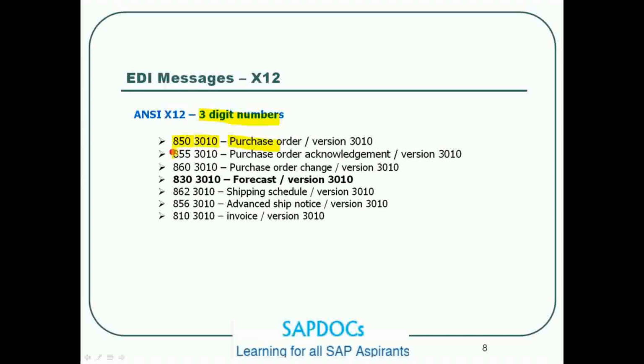Similarly, there are 855 and 860. 855 means PO acknowledgement. 860 means PO change. 830 is forecast. 862 is shipping schedule. 856 is advance ship notice, and 810 is invoice.